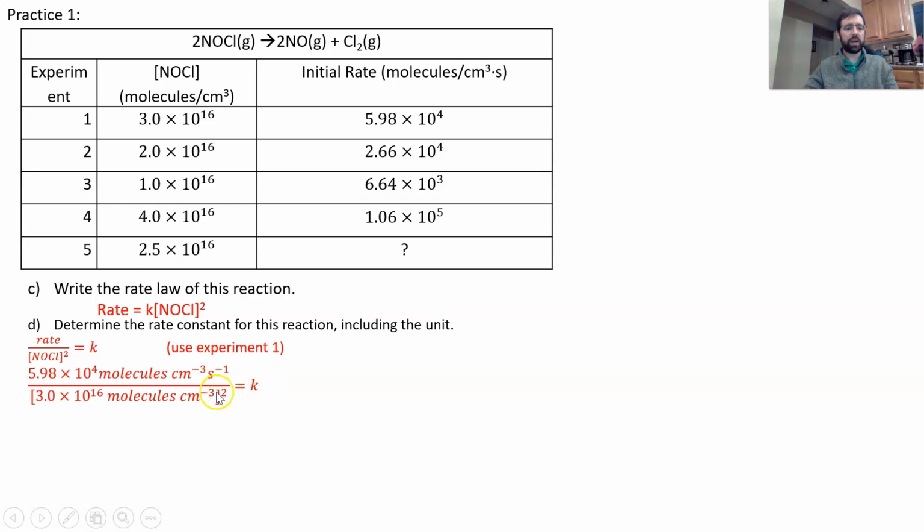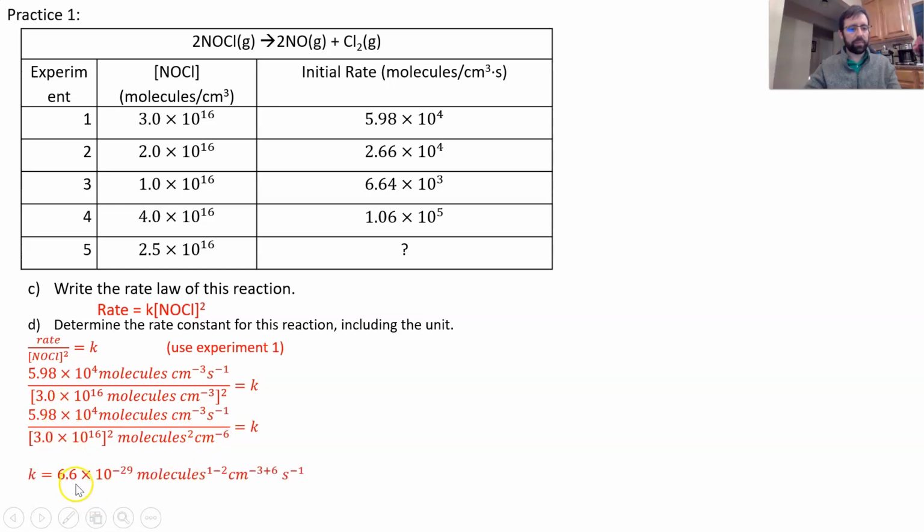When you square something that has a power, you're actually going to multiply your power by 2. So when I divide this out, I'm going to just work with the units first. We have 3.0 times 10 to the 16th squared. I've got 5.9 times 10 to the 4th molecules per centimeter cubed per second. And then down here I've got molecules squared, centimeters to the 6th power.